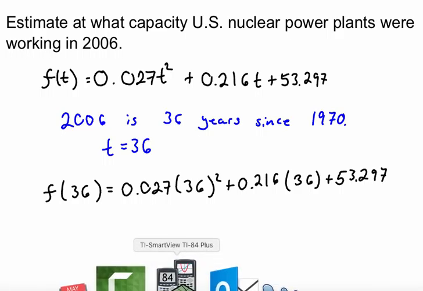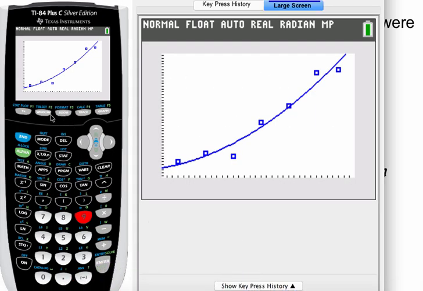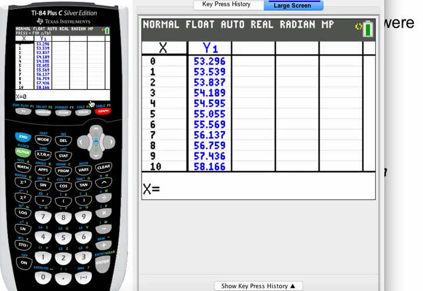I'm going to let the calculator do this. Actually, I'm just going to hit second graph and look at my table values, because it'll give me all the different outputs. All I need to do is scroll down to number 35, or 36, excuse me.